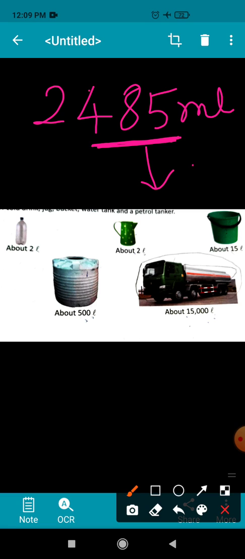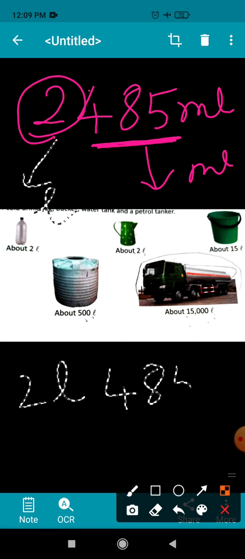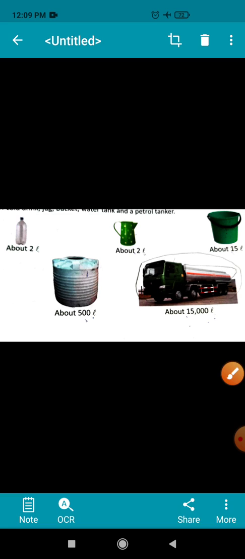This will be milliliter and the left number is 2. This will become liter. Children, hope you all have understood. So what will be its answer? 2 liter 485 milliliter. Right?